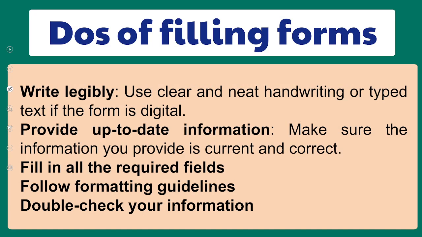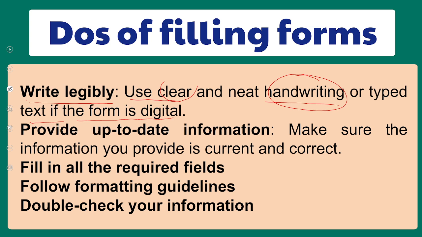What are the things that we need to do? Write legibly. It means you have to write clearly so that it is understandable and readable. Use clear and neat handwriting, or type if the form is digital. If the form is in print form, you have to use clear and neat handwriting. Do not get lazy.